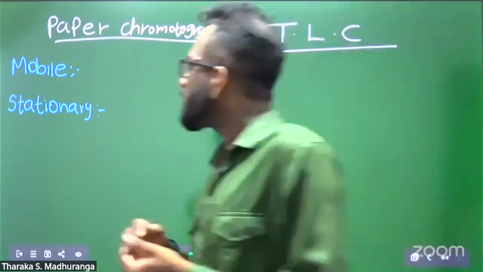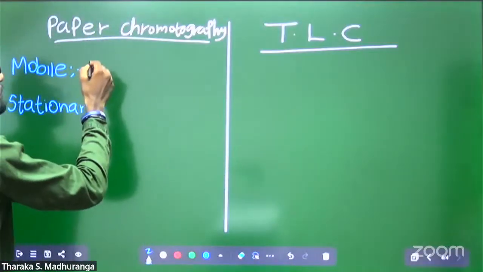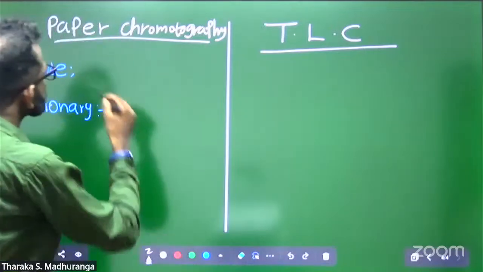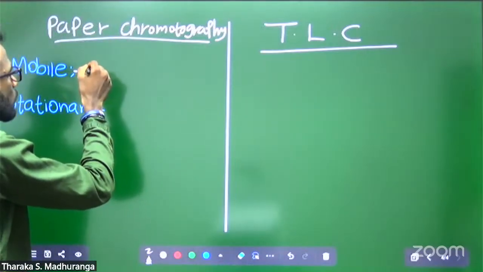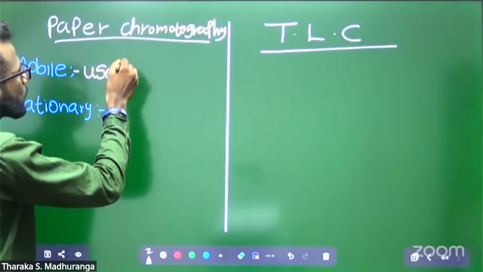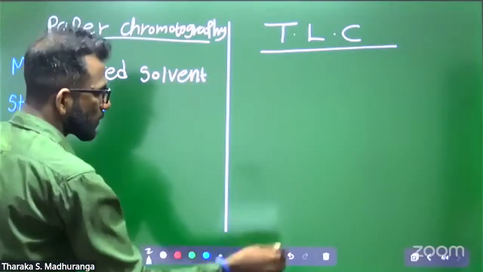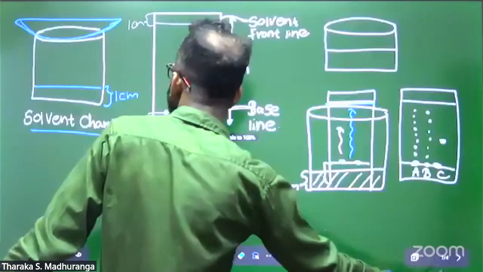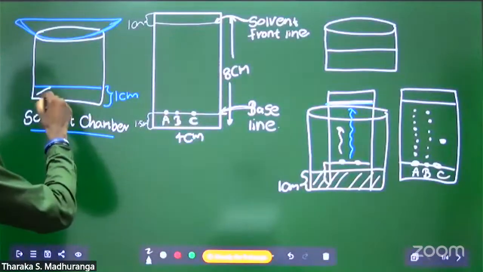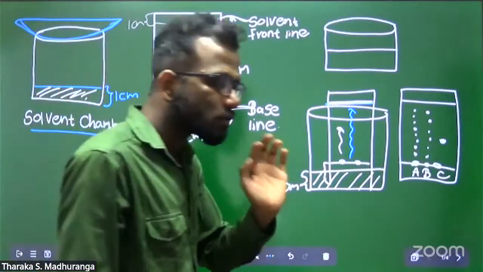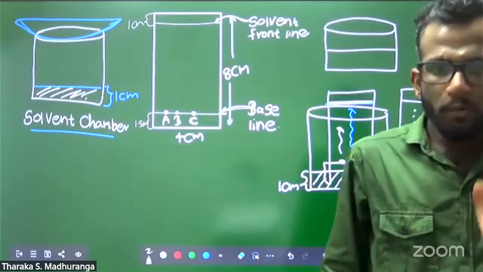The mobile phase in paper chromatography is always the solvent. Remember that the solvent in the solvent chamber is the mobile phase in paper chromatography.